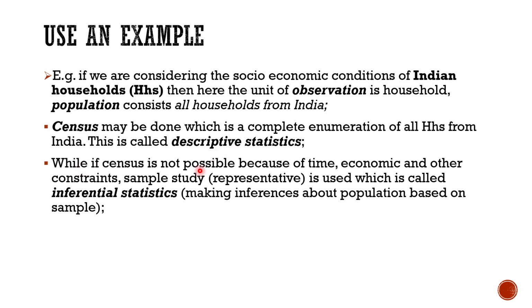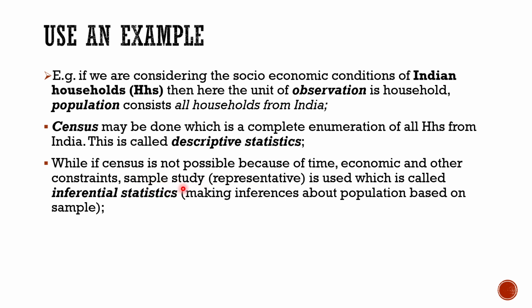But if census is not possible because of time, economic and other constraints, a sample study is used, which is also called inferential statistics. It is called inferential statistics because we make inferences about populations based on a sample, and for precise inferential statistics, our sample should be representative of the population. The methods of choosing a representative sample, we'll get to know in future videos.